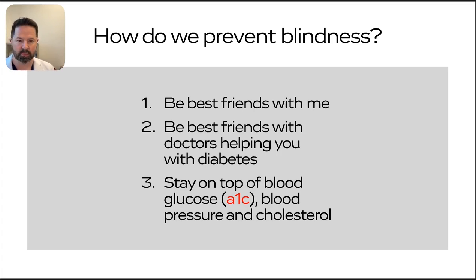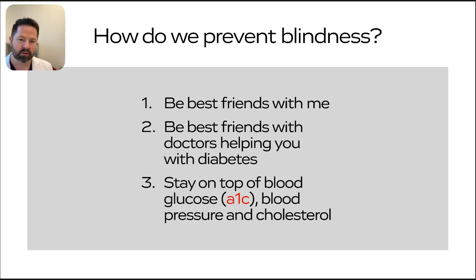The American Academy of Ophthalmology and many other national and international organizations recommend a dilated eye exam the moment diabetes is diagnosed. Now, there's some caveats to that, but just for simplicity's sake, keep it at every year. If things are going well, the diabetes is under good control, we still suggest an annual dilated eye exam.